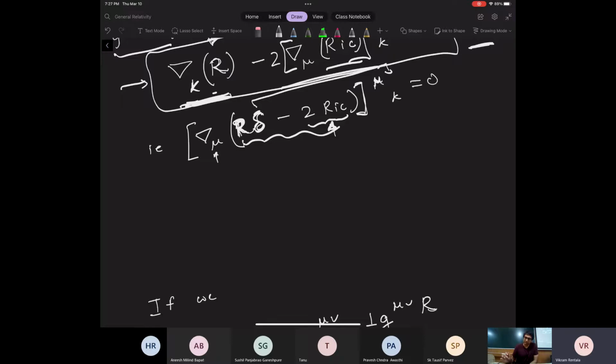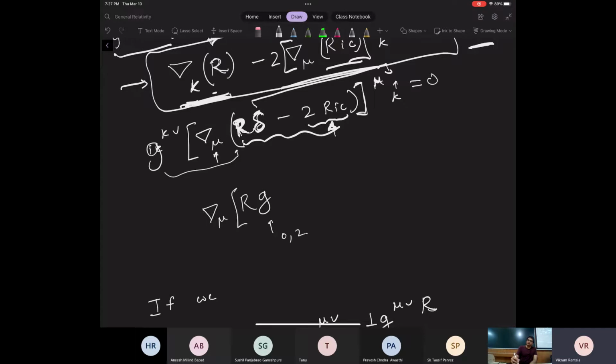Sorry, maybe there's a slightly better way to write this. I can raise this kappa index by multiplying by the metric. So if I raise this kappa index, what I have is del mu R, and effectively what I have now inside, I can pull this inside, and then this is just R times g. So this is a (0,2) tensor.